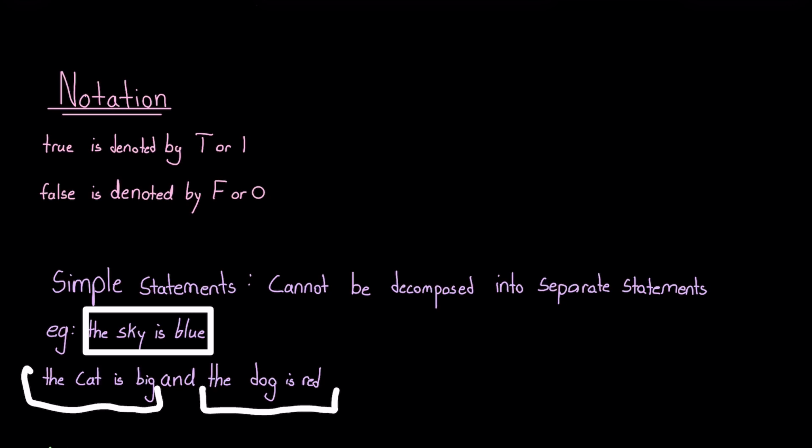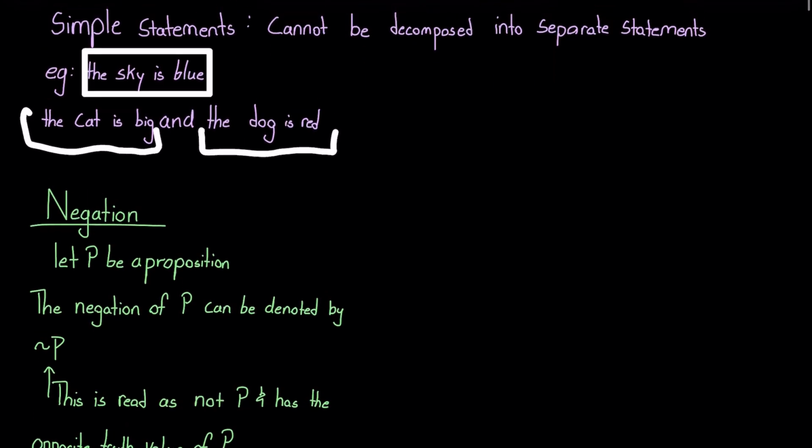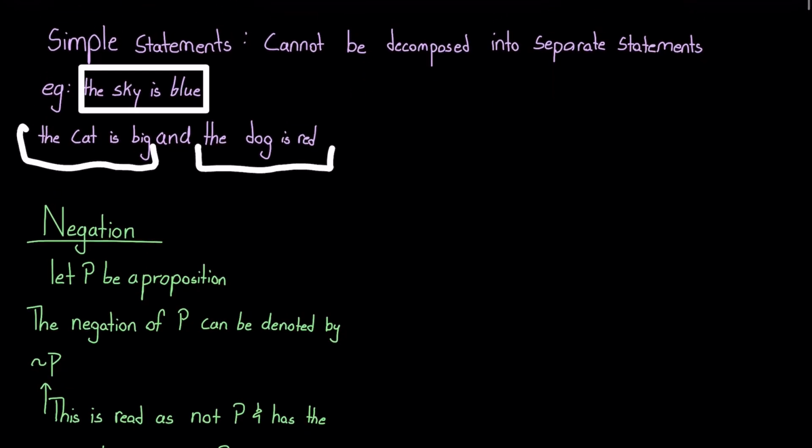So let's continue. Now we are getting into actual truth table things. So now we're going through negation. So what is negation? For example, we say let P, which is just a variable that we use, be a proposition, and we can say P is equal to, for example, the simple statement the sky is blue.